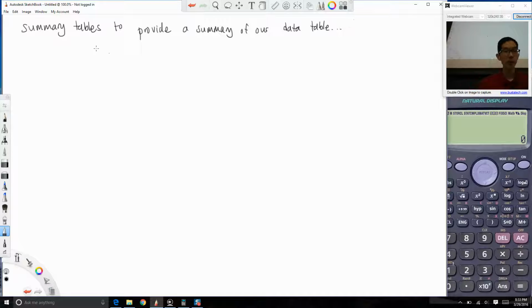You could imagine we could create a data table for an entire classroom, and we would have 1 row for every student.